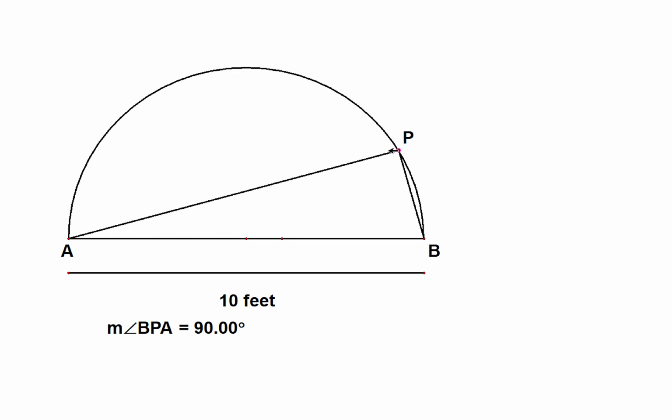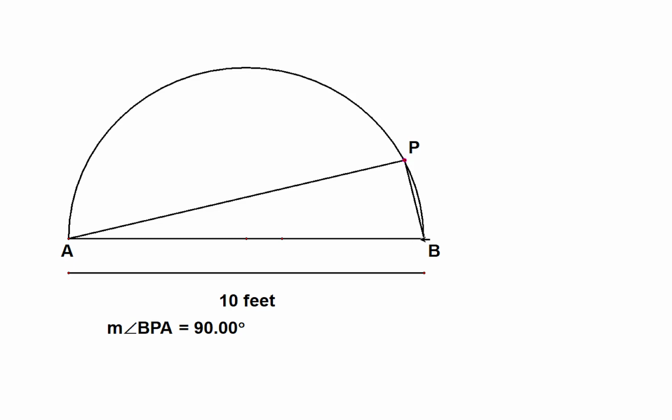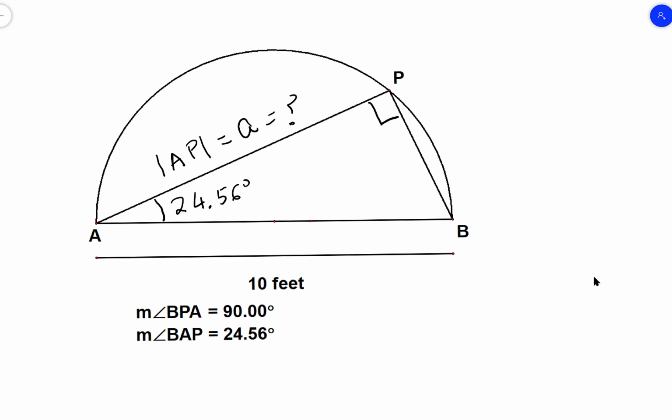All right, so this always subtends the right triangle. Now say we are able to measure this angle and we want to measure the distance. So say here we have a particular scenario in which this angle is given to be 24.56 degrees, and this side is 10 feet, and this is a right angle as we just mentioned.